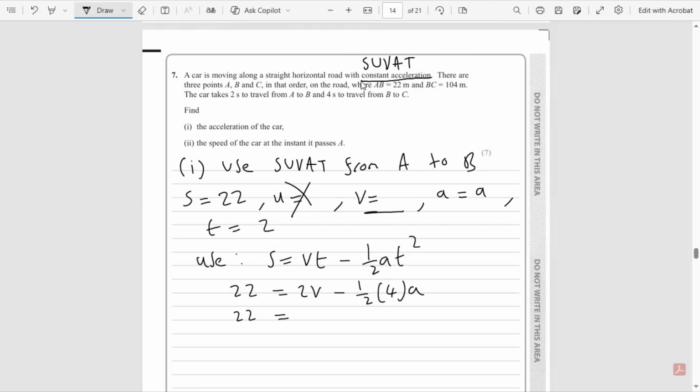So 22 is equal to 2v and then minus 2a. Now what we can do is rearrange this equation for v, and then we've got some result for v. So we can just add the 2a to the other side. 22 plus 2a equals 2v. We can divide by 2. So therefore, the final speed from A to B is 11 plus a. Perfect. So we've got that final speed.